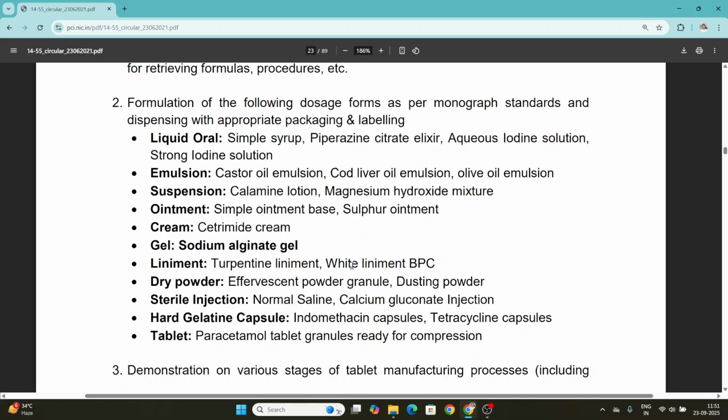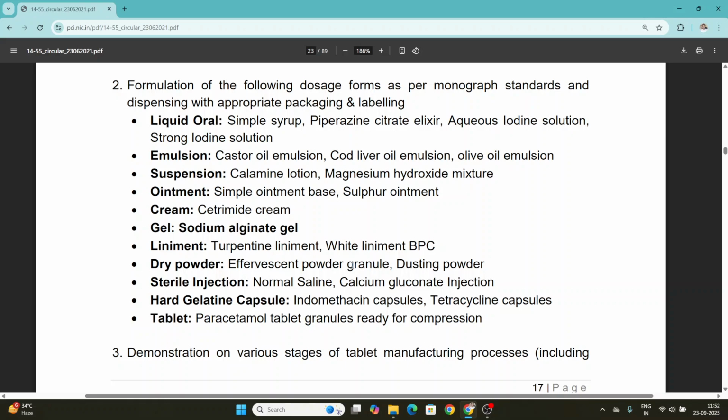Liquid oral: simple syrup, piperazine citrate mixture, aqueous iodine solution, strong iodine solution. Emulsions: castor oil emulsion, cod liver oil emulsion, olive oil emulsion. Suspensions: calamine lotion, magnesium hydroxide mixture. Ointment: simple ointment base, sulfur ointment.